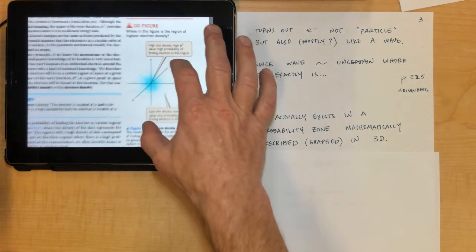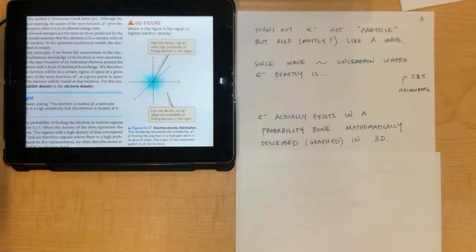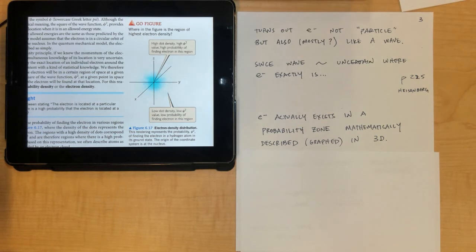And we can actually graph this spatial area of where electrons probably are as you move from the nucleus out further away. A famous scientist named Erwin Schrödinger actually put mathematics to this and described the probability zones of where electrons most likely are for a multi-electron atom.